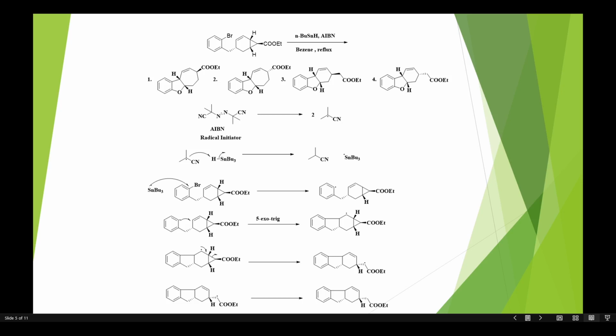But if it is a carbanion or another kind of intermediate, then you won't expect that kind of cyclization or other kind of reaction. But from a radical, you will always expect different, unexpected kinds of products also. In the upcoming slide we'll see.